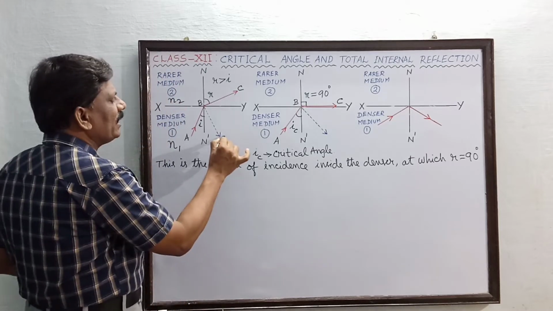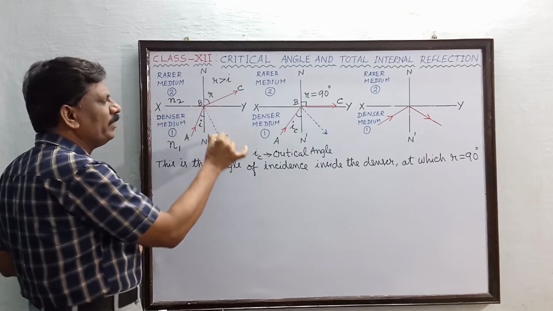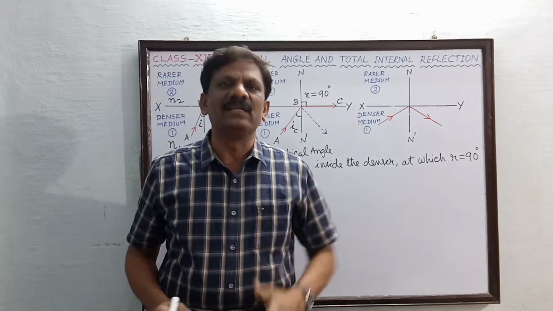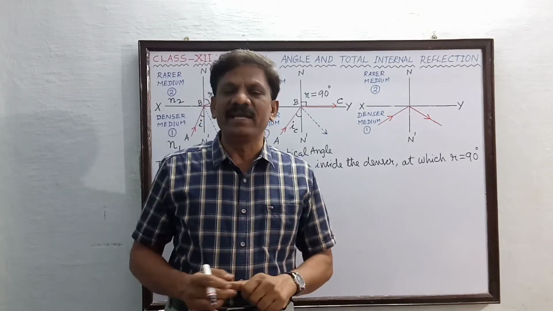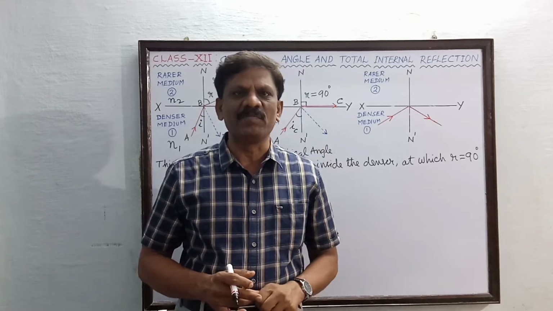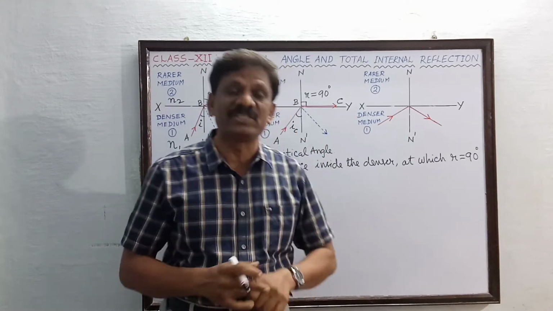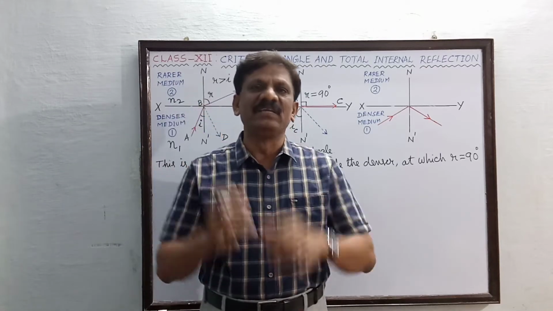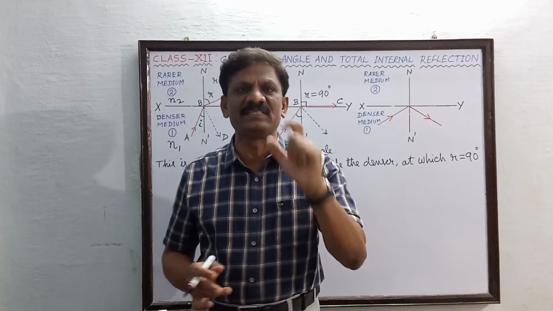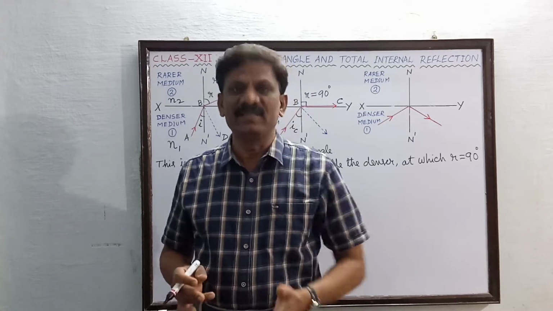And let us take another dotted ray, BD. For every incident ray, partially light will be reflected also. We are studying refraction in this topic. It does not mean that reflection does not happen. Along with refraction, a certain portion of the light will be reflected also. Maybe the percentage of light reflected will be less.